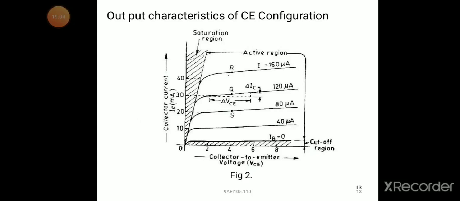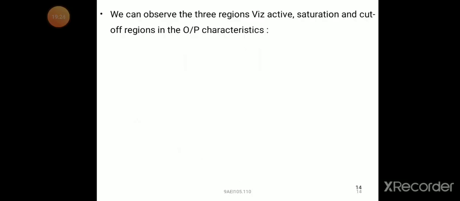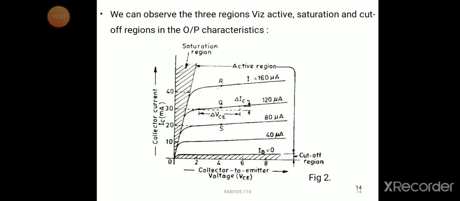Below IB equal to 0 is the cutoff region. Between the IC horizontal line and this one is the saturation region. The region between saturation and cutoff is called the active region, the region which we actually need. We can observe the three regions, active, saturation and cutoff, in the output characteristics.